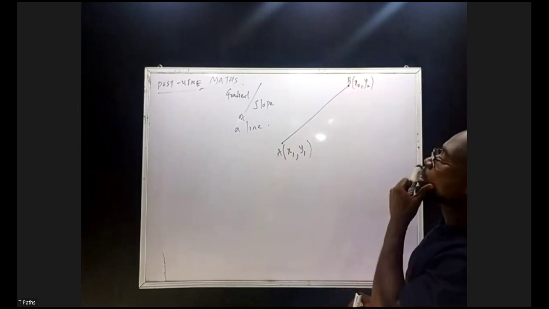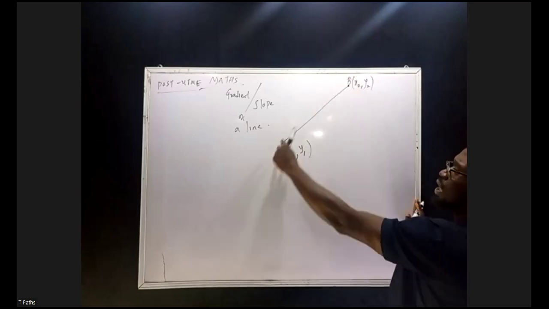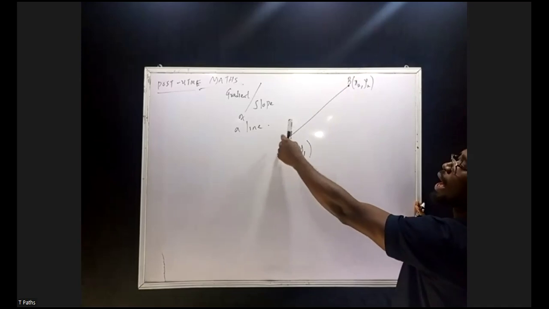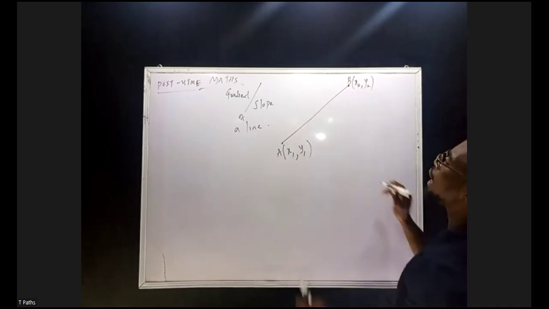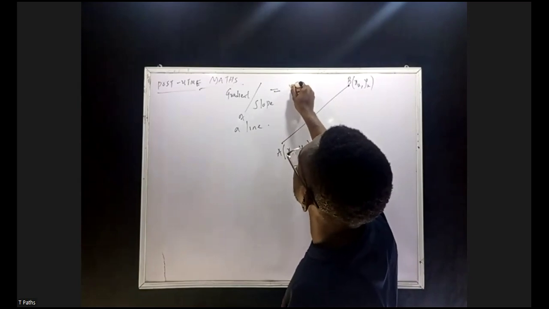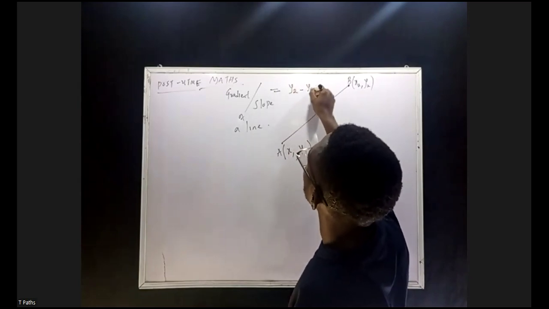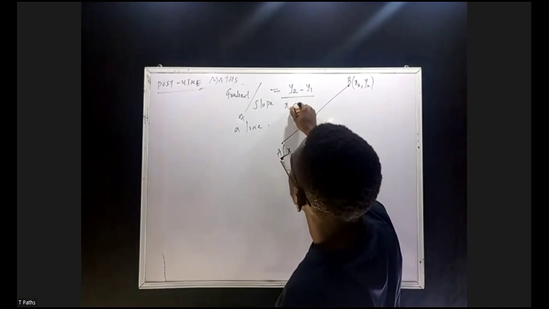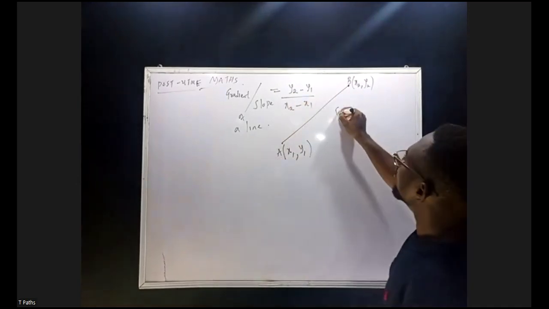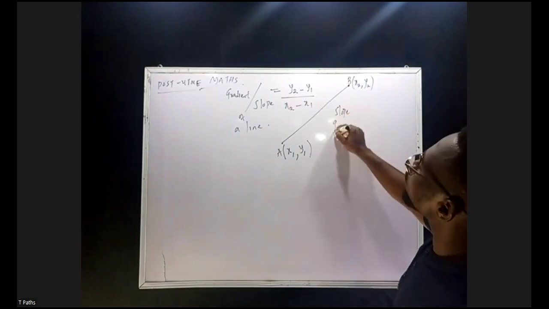So if it is a line and it is connected by 2 points, I can determine the gradient of that line. What did I say is the gradient of the line? The gradient of the line is y2 minus y1 divided by x2 minus x1.